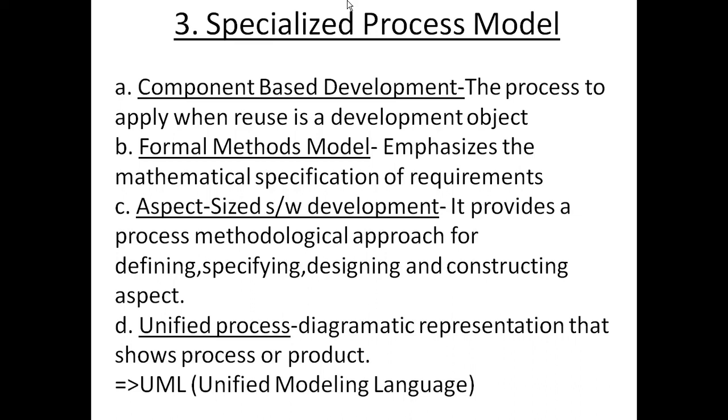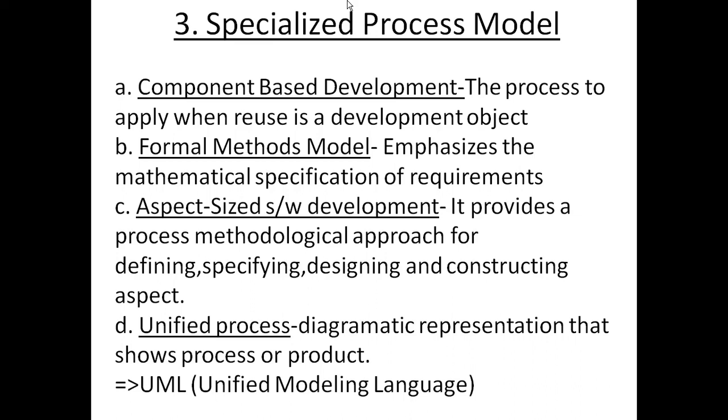The third one is aspect oriented software development. It provides a process and methodological approach for defining, specifying, designing, and constructing aspects. The fourth one is the unified process. The unified process is a diagrammatic representation that shows the process or product while developing the software. So the unified process mainly uses diagrammatic representations.